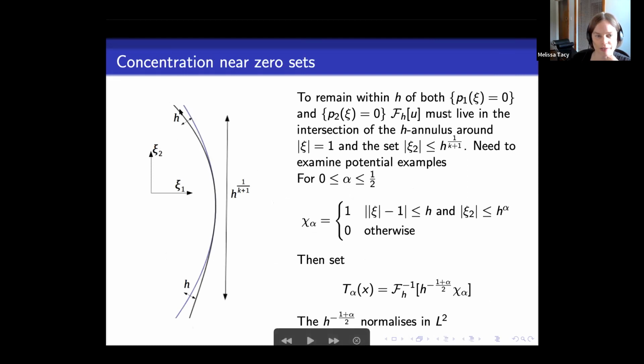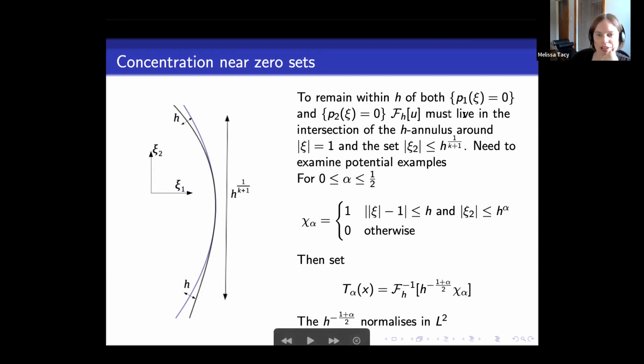So if we have a look at this, here's my point of contact. Now, the black line is P1, the blue line is P2. If I want to remain within order h of both of them, where do I have to be?